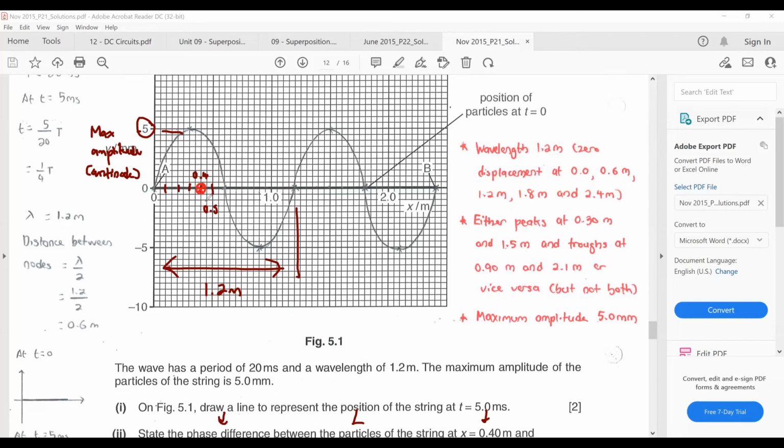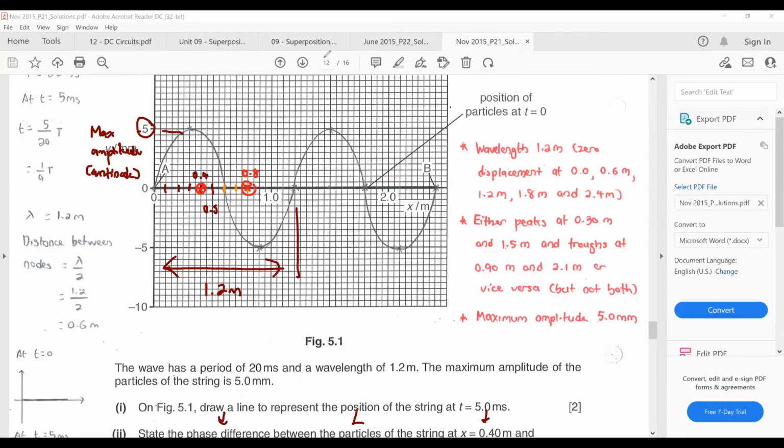I could be wrong. You can see your diagram better. 0.4 is here, and then 0.8 would be, this one is 0.6, 0.7, 0.8. 0.8 will be here.